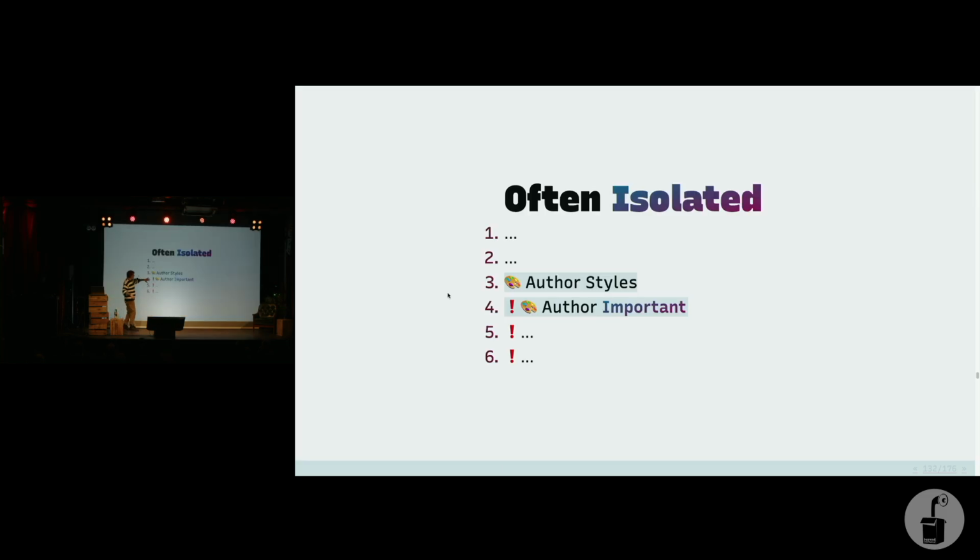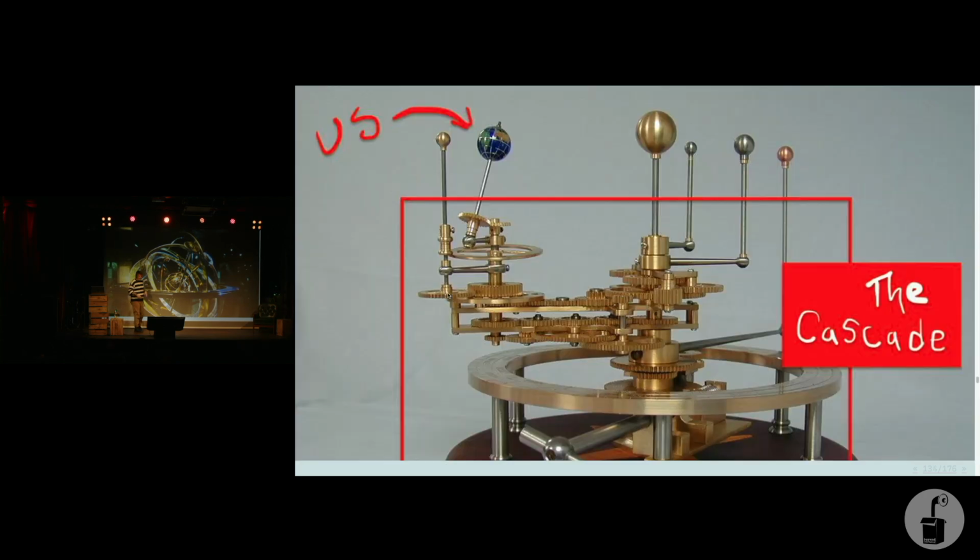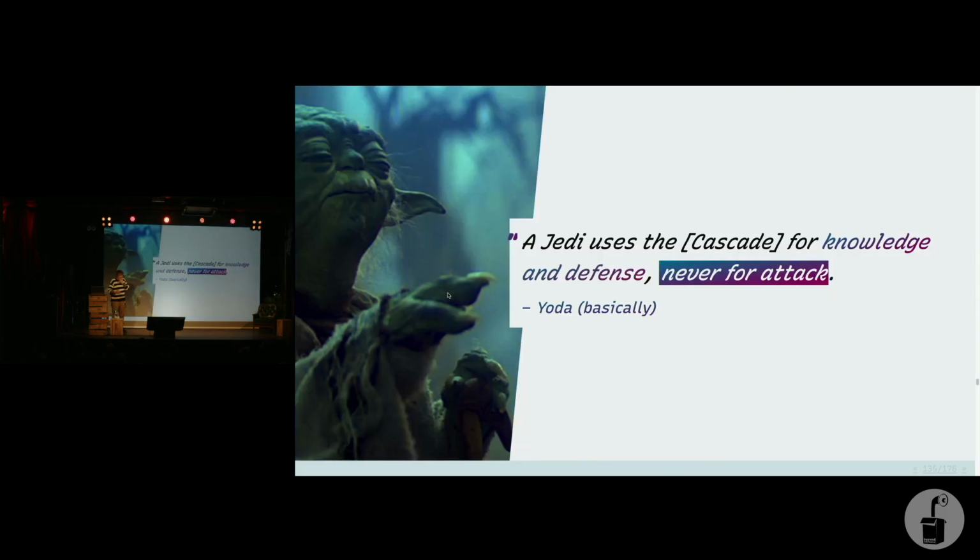And it makes sense that we sort of think of it as extra specificity because we're here on our own in the middle. We're sort of ignoring the whole universe around us. We start to think that it's all author-centric, the whole thing. But really, we're just sort of hanging out over here, and the whole cascade is happening around us. So a Jedi uses the cascade for knowledge and defense, never for attack.